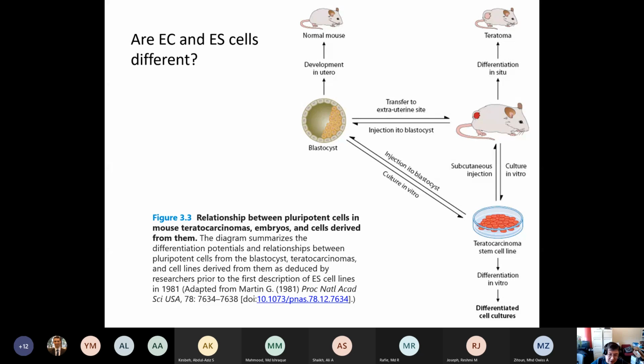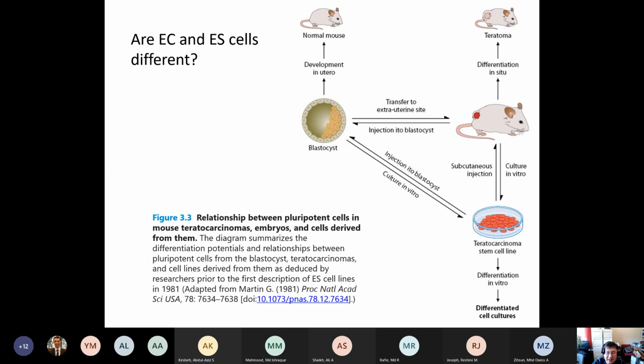I don't know. By morphology, they will appear slightly different. You will see the morphology of embryonic stem cells. I don't have a picture of embryonal carcinoma cells. By look, they appear different. But remember, embryonal carcinoma cells were cultured, I believe, in the 1960s.